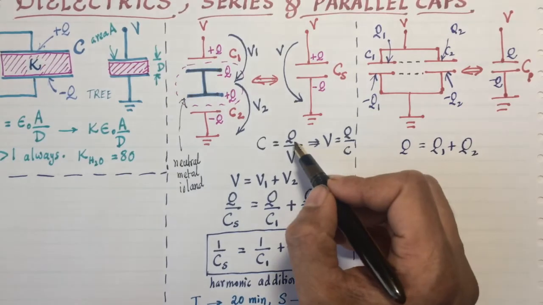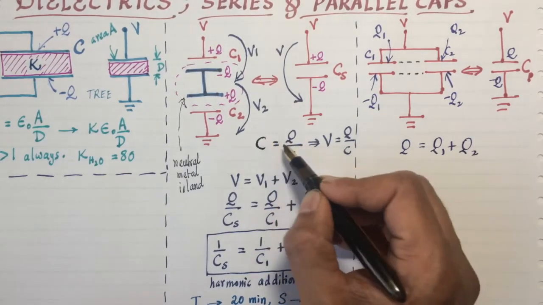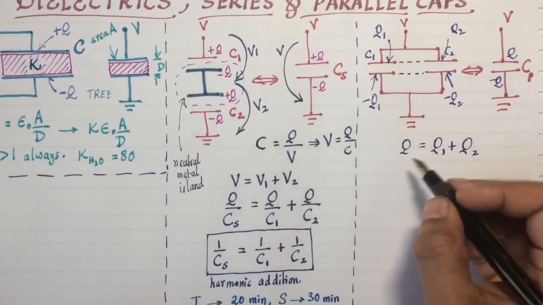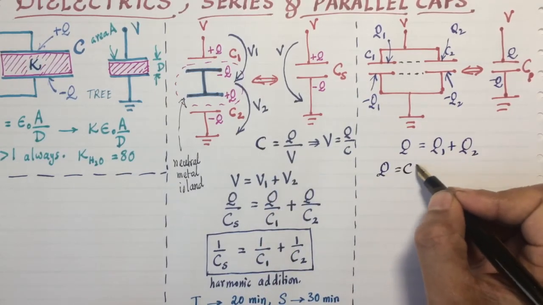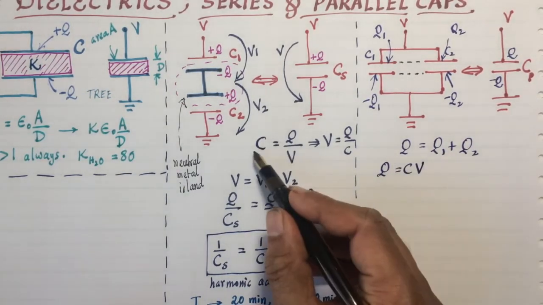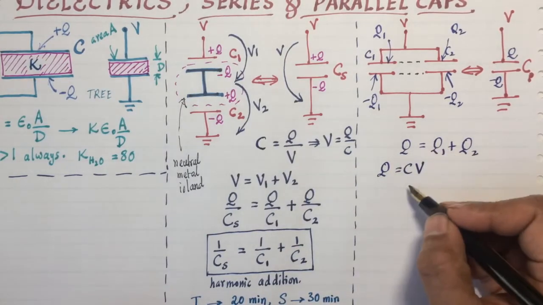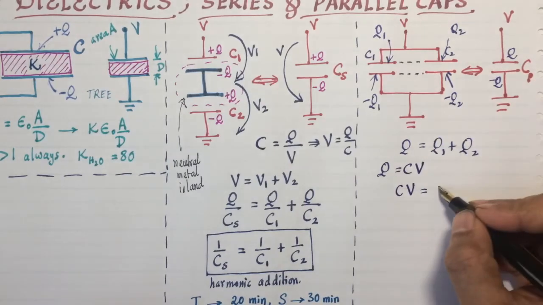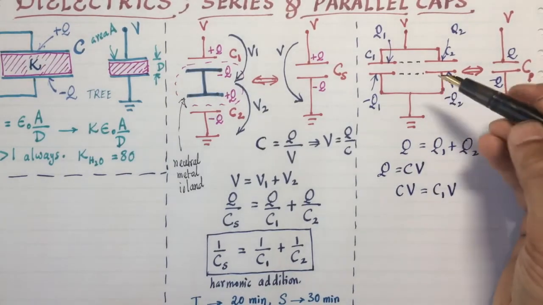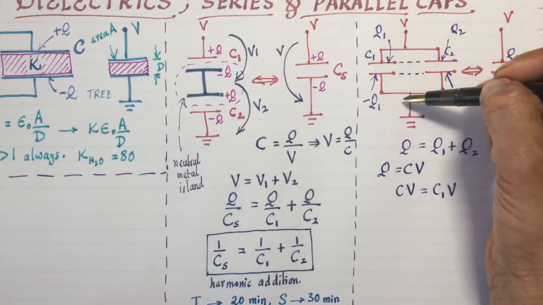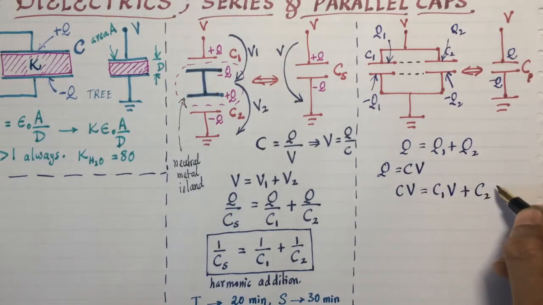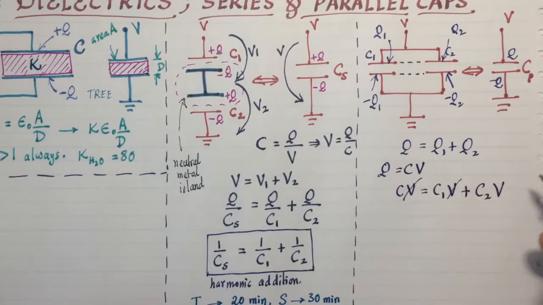This time I'm going to use the basic capacitance definition equation in the form Q equals C times V by multiplying both sides by V. Now let me substitute it here. I get CV equals Q1, which is C1V. I won't write C1V1 because this entire thing has the same V, plus C2 times V. This time we cancel out the voltages, whereas previously we canceled out the charge.